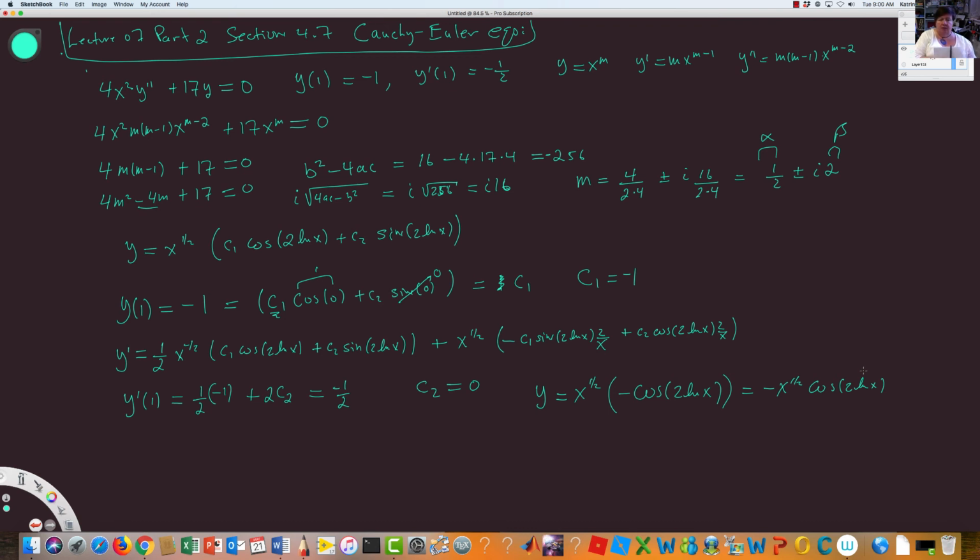If you have repeated roots, deal with them the way we did in the previous example. Distinct roots are fine. It's really not much more complicated to go higher order, except that you have to solve a higher order polynomial, which is a pain. That's the end of Cauchy-Euler equations, section 4.7.